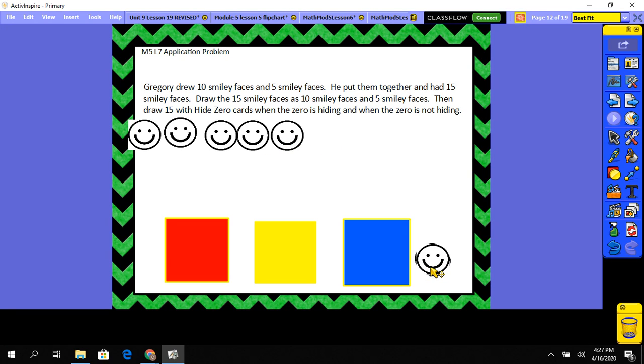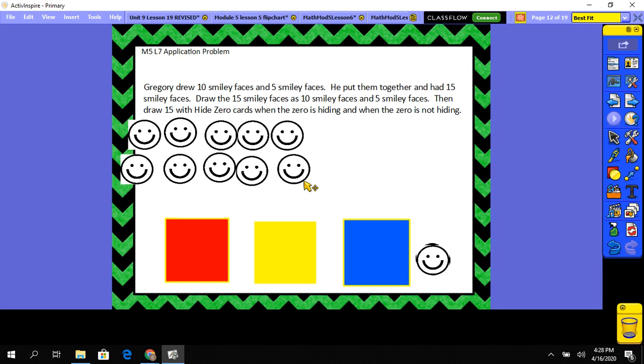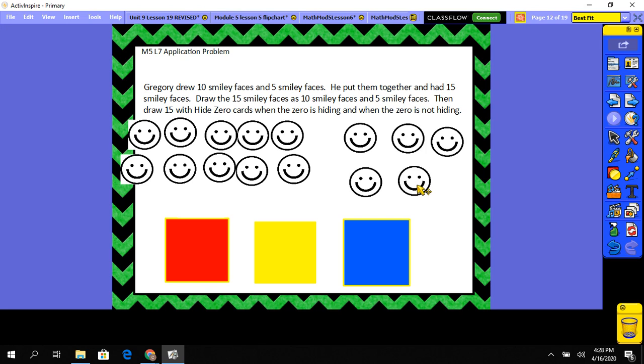Stop, return sweep. 6, 7, 8, 9, 10. Let's make a group of 5. 1, 2, 3, 4, 5. How many smiley faces does Gregory have? He has 10, 5, or 15.